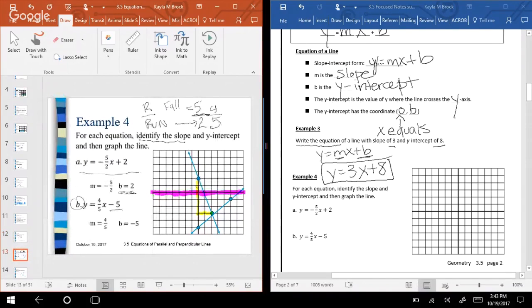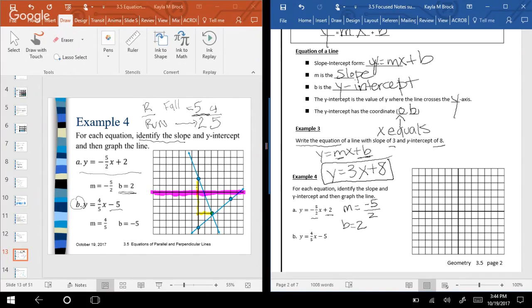For each equation, identify the slope and y-intercept and then graph the line. The slope here, m, equals negative 5 over 2, and b equals 2. So I'm going to graph it.